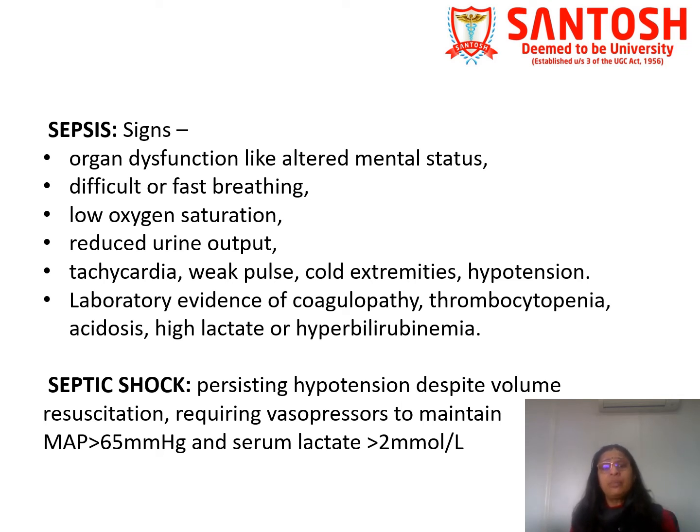Then apart from that, there could be signs of sepsis as well in the patient, which can be seen as organ dysfunction, like he could be in an altered sensorium. There may be difficult or fast breathing, low oxygen saturation, reduced urine output, tachycardia, weak pulse, cold extremities or hypotension.